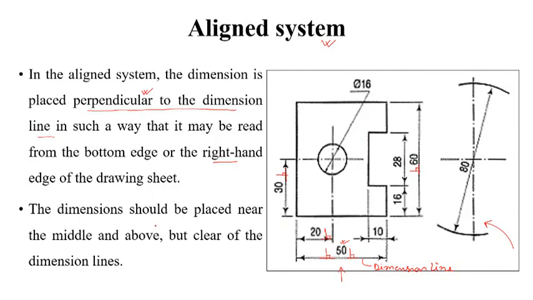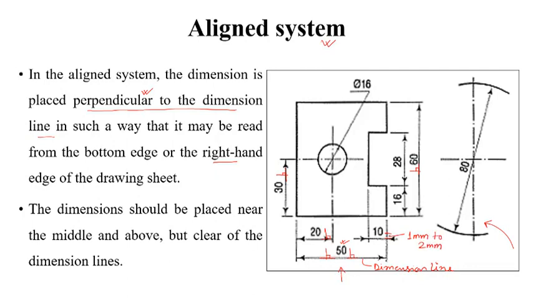Next you see the dimension should be placed near the middle and above but clear of the dimension lines. So in each and every case, we can see that the dimension figure and the dimension lines are not touching one another. There is a gap here. So this gap is between 1 mm to 2 mm.